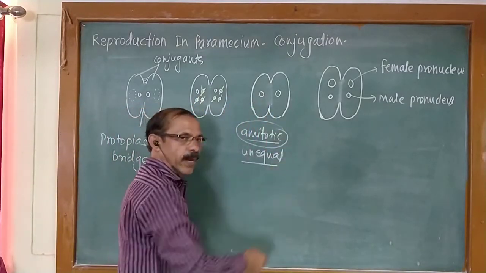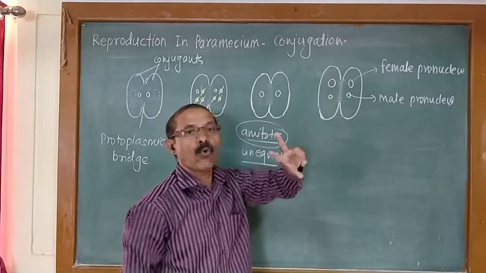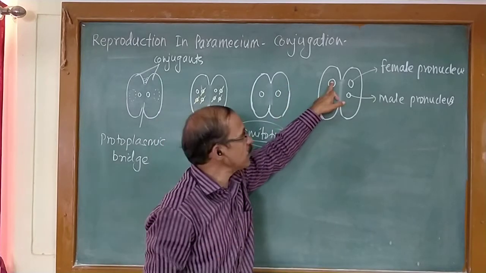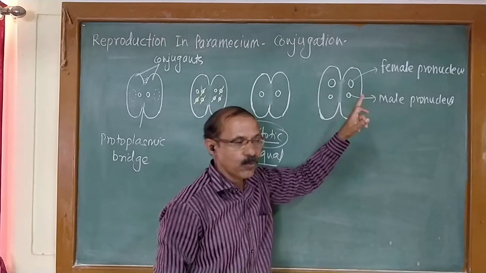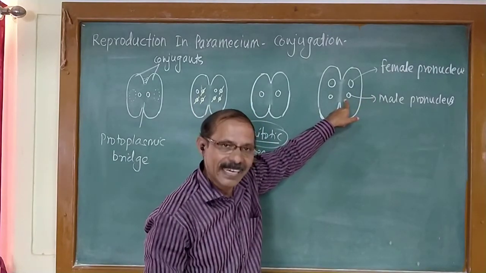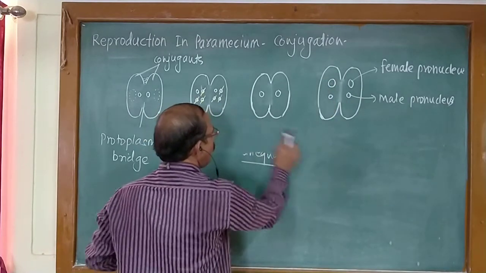This one divides unequally, amitotically, forming 2 pronuclei. One is larger and stationary, called the female pronucleus, and the other is smaller, active and migratory, called the male pronucleus. Now what happens?